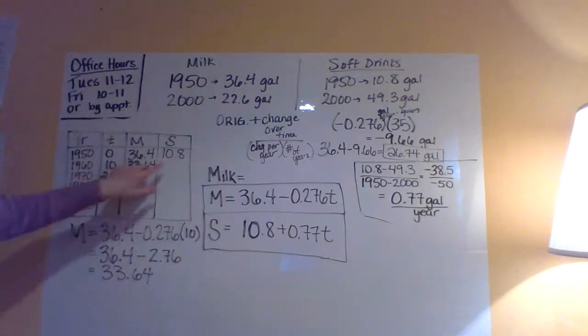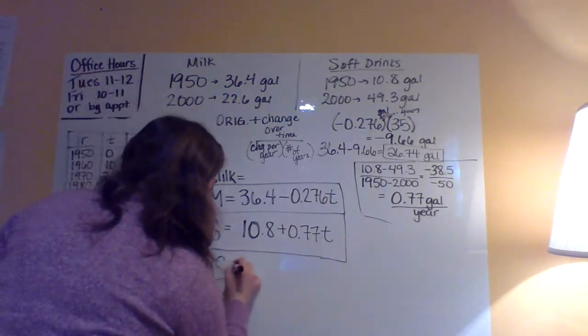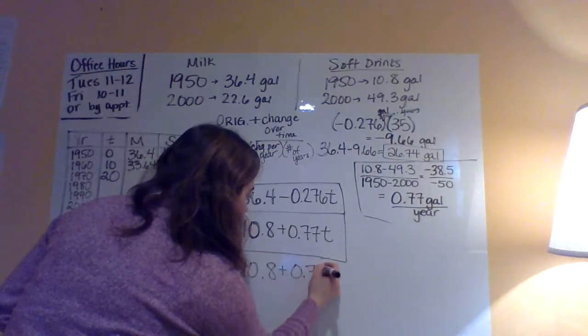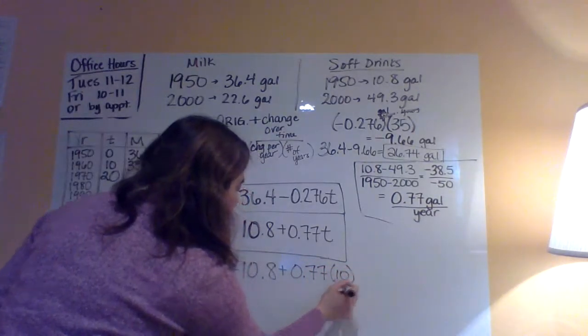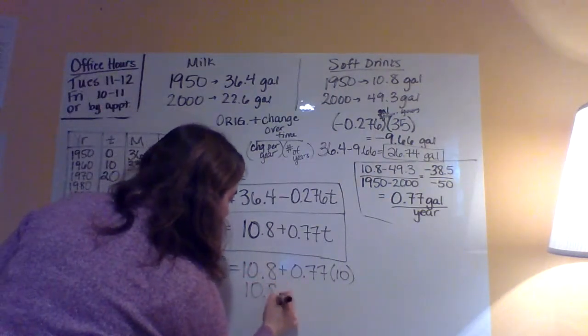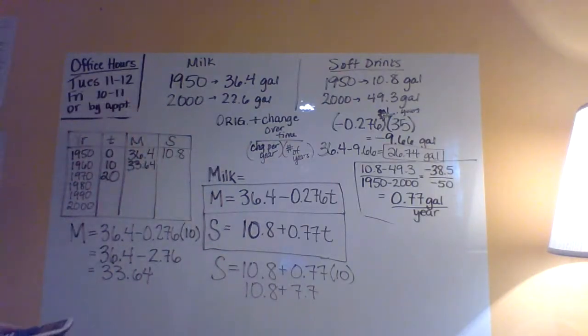How about my soft drink? My soft drink should go up, right? So my soft drink, again, I use my model. I plug in 10 for T. Multiply first. And then add those two.